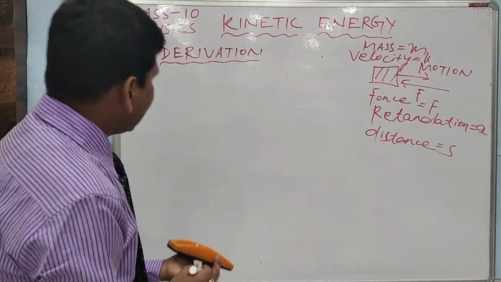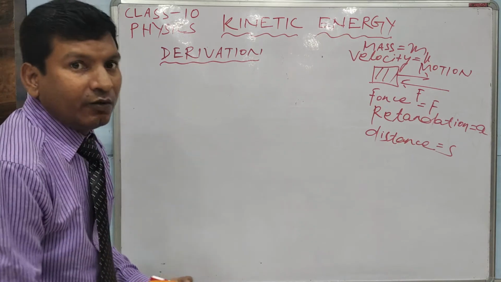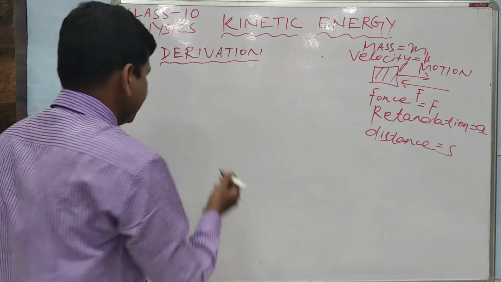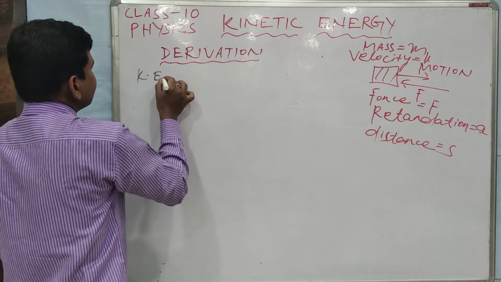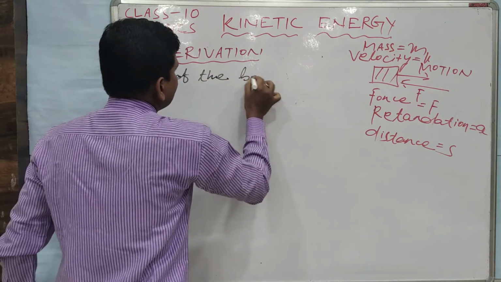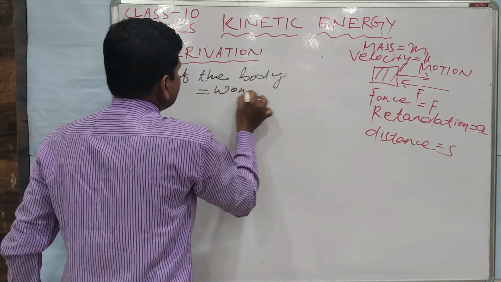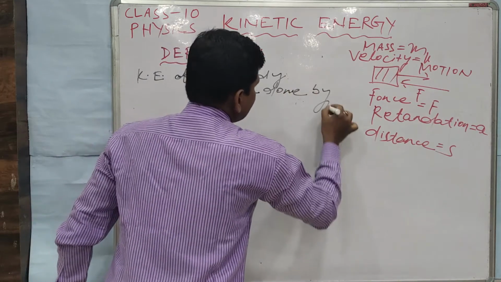So therefore the kinetic energy of the body is equal to, what is the kinetic energy? The work done by the retarding force or work done by the opposing force. So therefore kinetic energy of the body is equal to work done by the force.